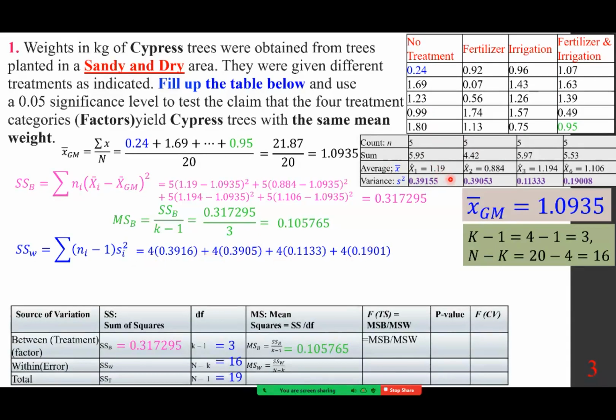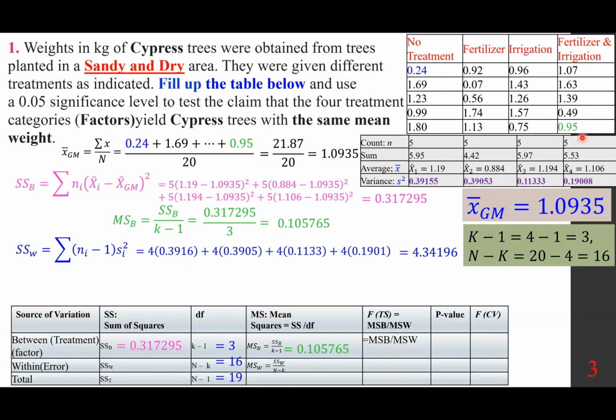So this number times 4, this number times 4, this number times 4, this number times 5 minus 1, or 4, add them up. That is, by definition, the sum of squares within. Now, you put it here. Now we're going to divide by this number to get this number.